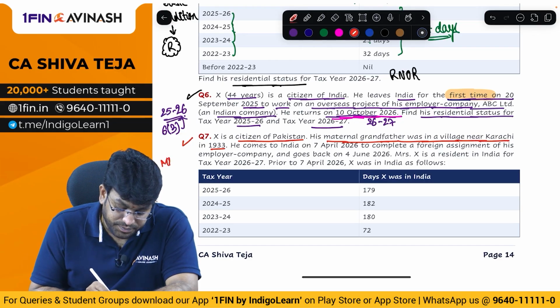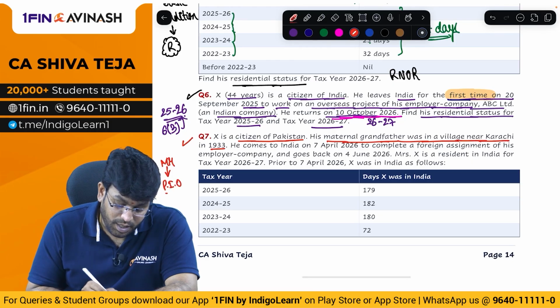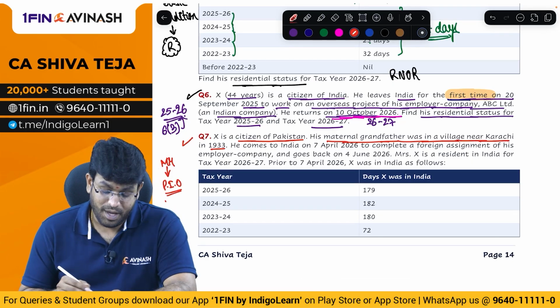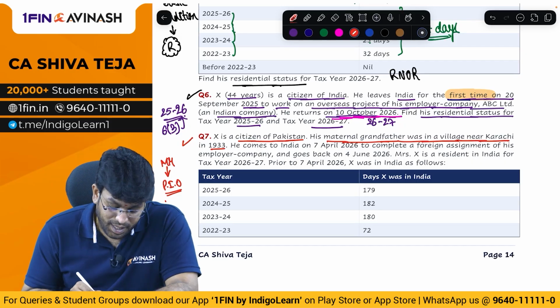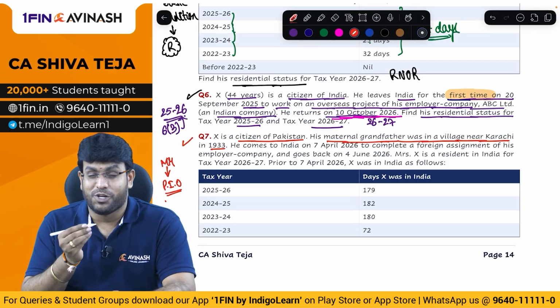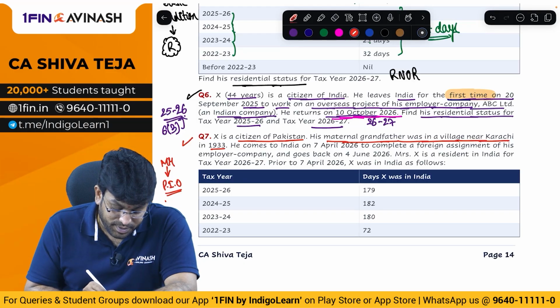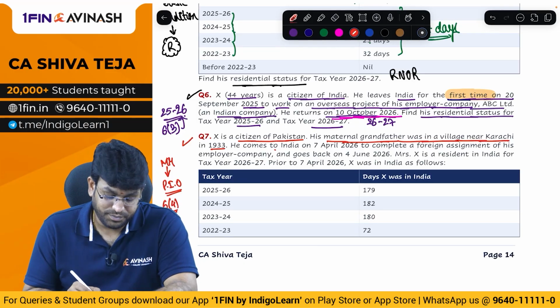So Mr. X will definitely become a person of Indian origin. Indian citizen or a person of Indian origin, we know special case, no? So special case of section 6(4) will come into picture.